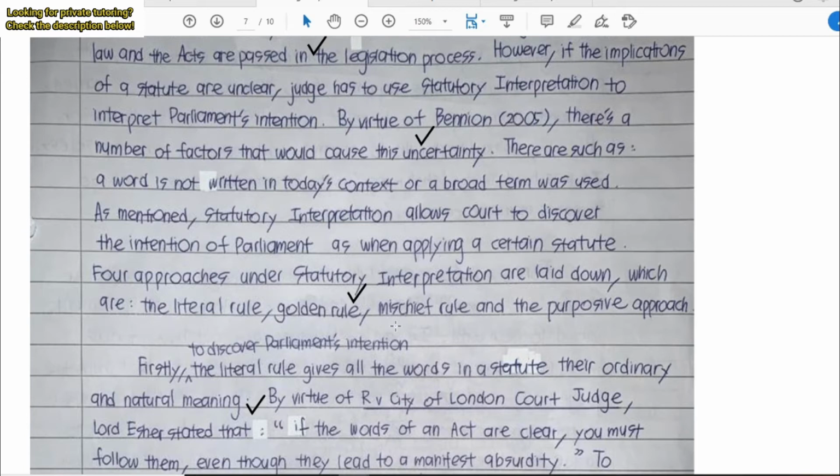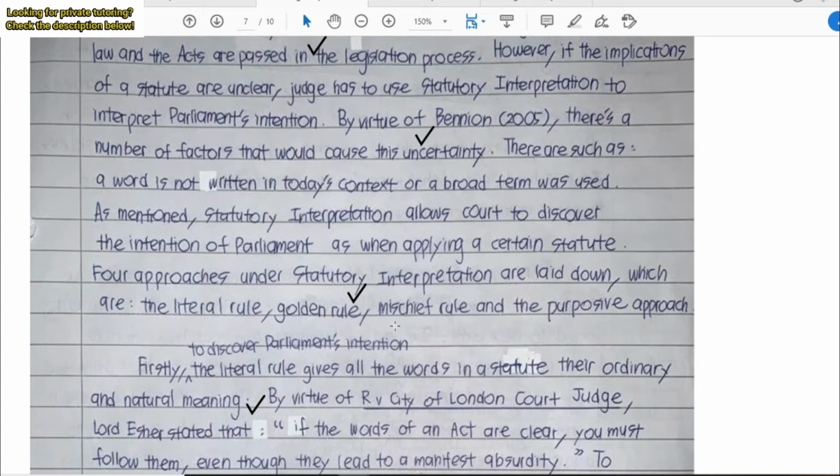I'm not sure whether your school teacher has told you about it before, but just to let you know, literal rule, golden rule, mischief rule are actually one category. In fact, the rules of language is also one category by itself. They are also considered as literal approach, because literal is everything to do with the written source. So that is one category.